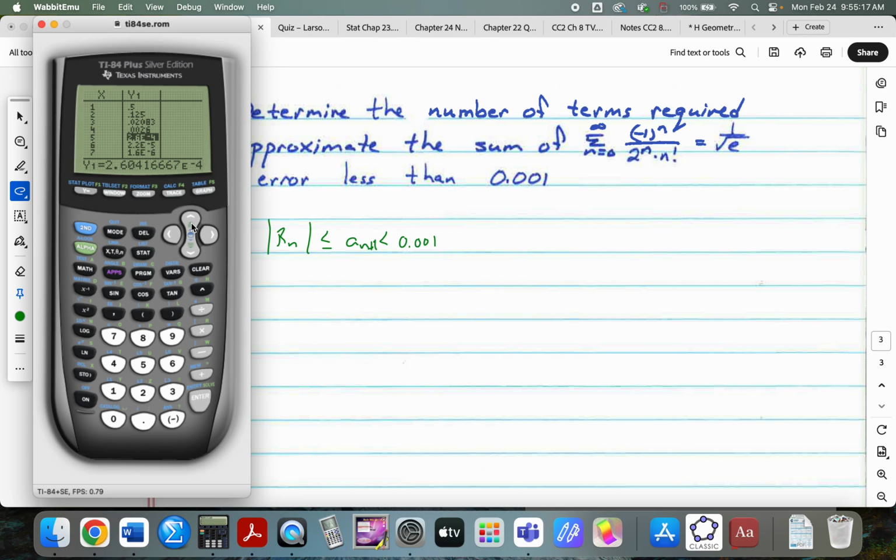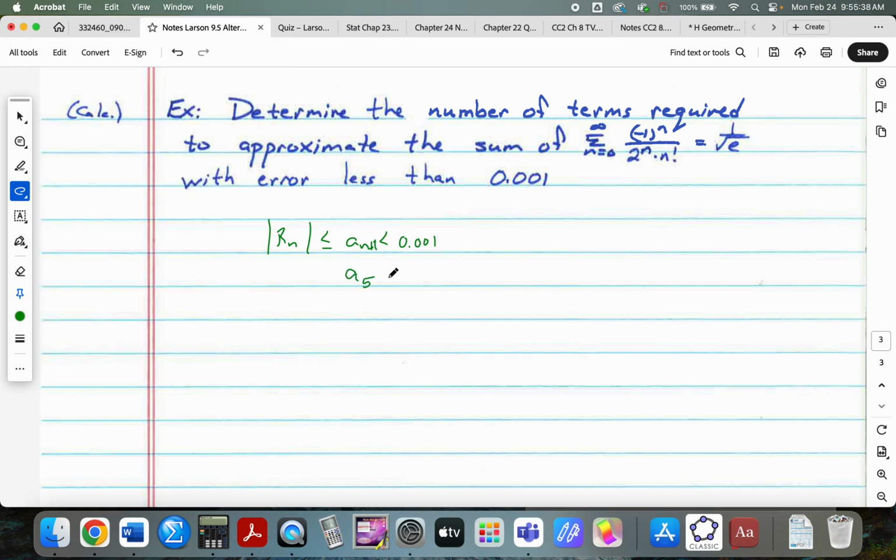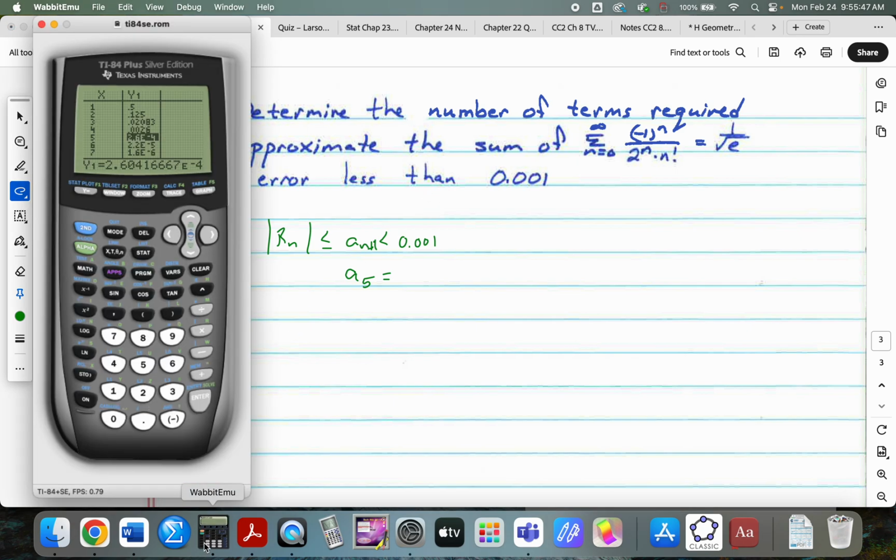So we'll have moved the decimal 4 places to the right, so the 2 will be in the 4th decimal place. So that one's smaller. So that means A sub n plus 1 is 5. Or n plus 1 is 5. So A sub 5 is equal to, what was it, 2 point something. 2.6 times 10 to the negative 4.